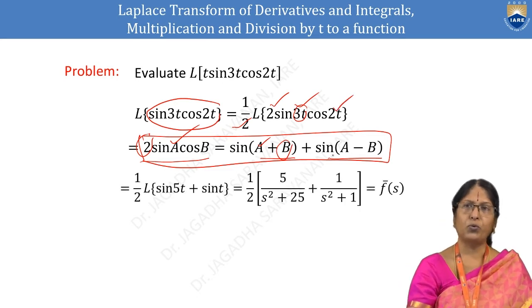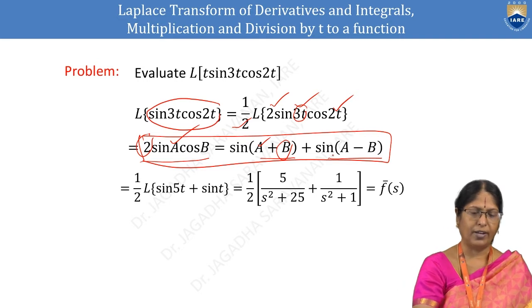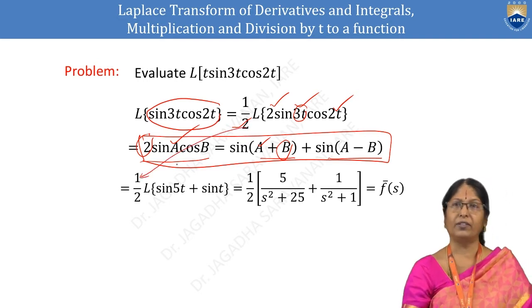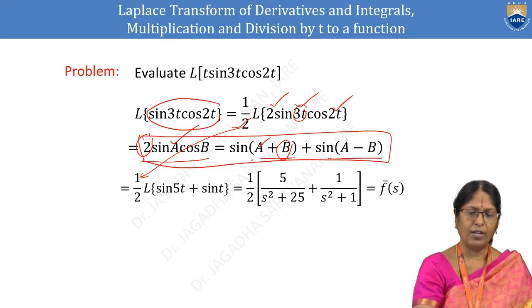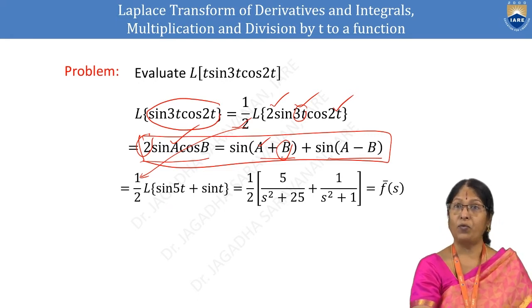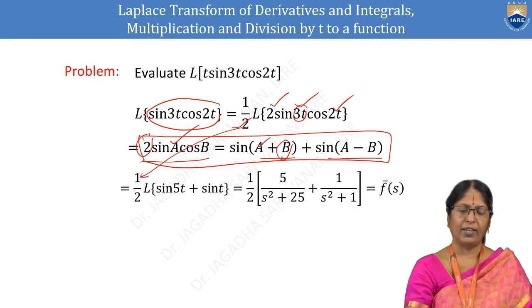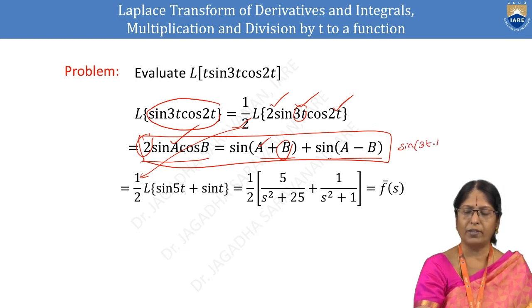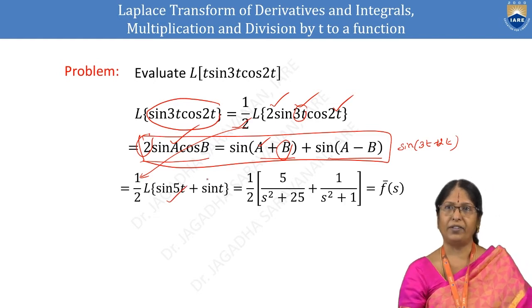So we substitute in the formula: this 1 by 2 is written as it is, L of sine of A plus B, that is, our A is 3t, so sine of 3t plus 2t. So we got sine 5t.